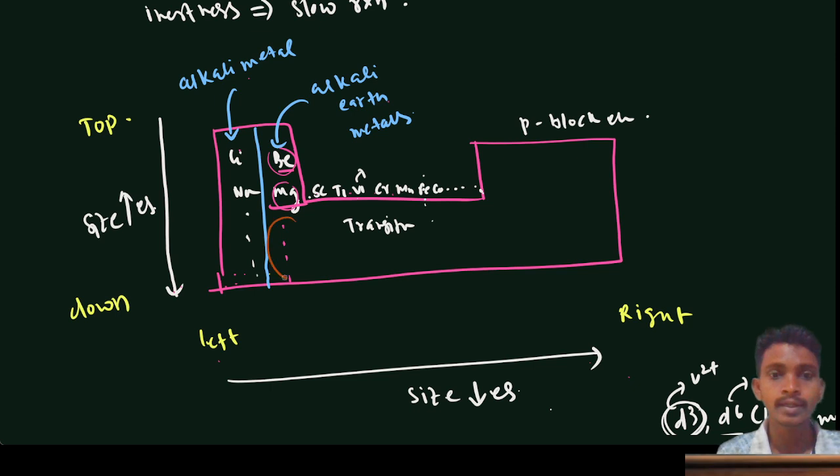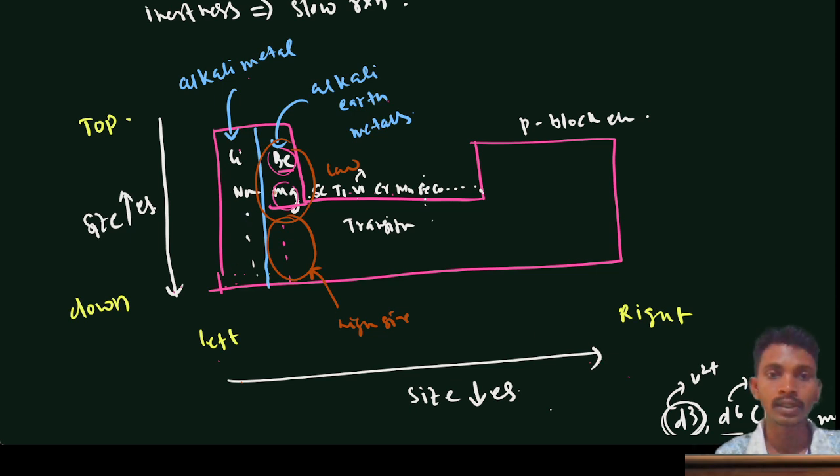So this is on the top side, so this should have less size compared to these elements. These elements have the high size, and this will have the low size, because from top to down size increases. So top has low size and down has high size. Here to here size decreases.